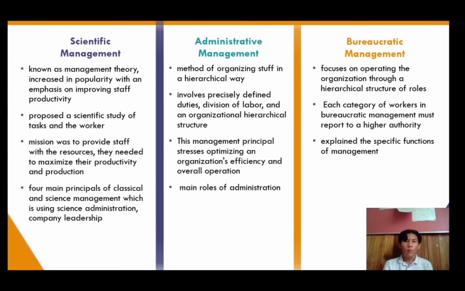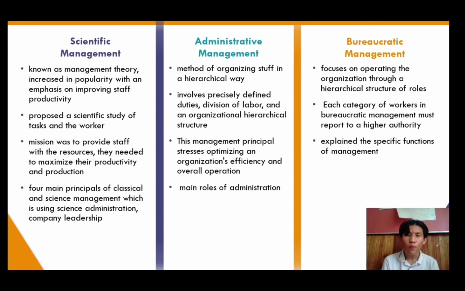Next, I will explain the three schools of thought, which are scientific management, administrative management, and also bureaucratic management. I will explain the scientific management first. This is known as a management theory which increased in popularity with an emphasis on improving staff productivity. It was developed by Frederick Taylor, and he proposed a scientific study of tasks and the workers who perform them.